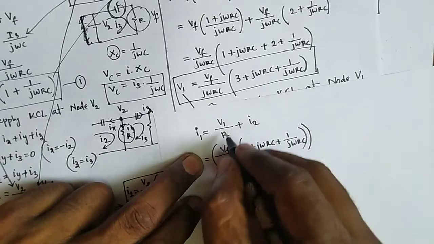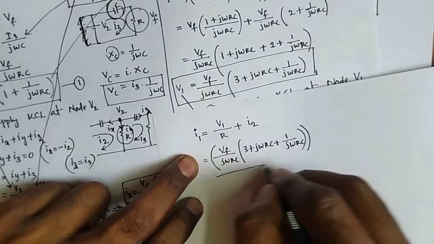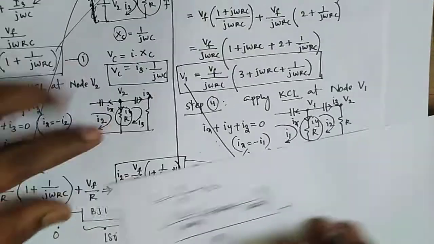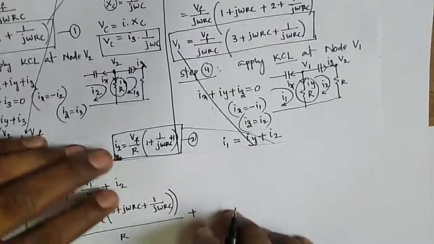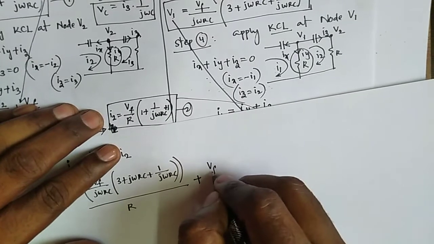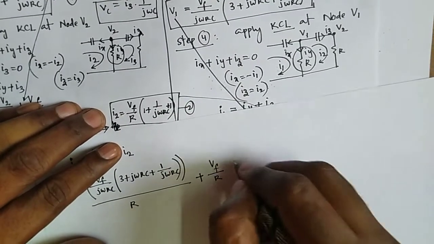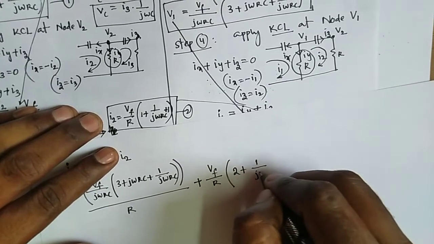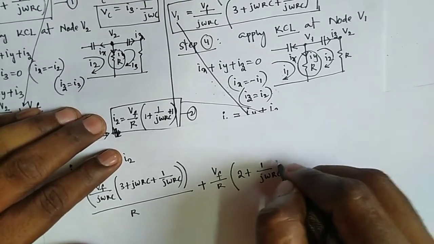This is the function of V1 by R, plus I2. I2 is equal to Vf by R into 2 plus 1 by j omega RC.